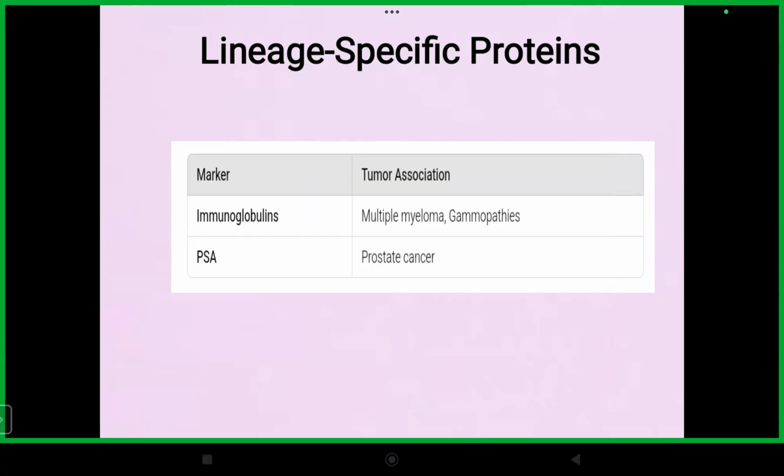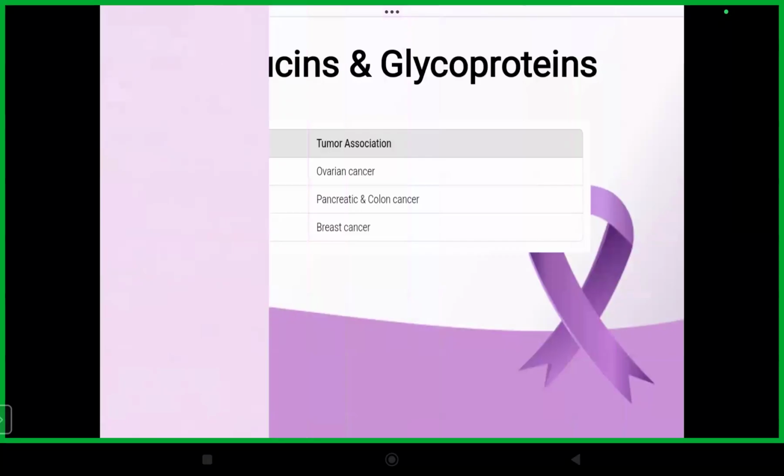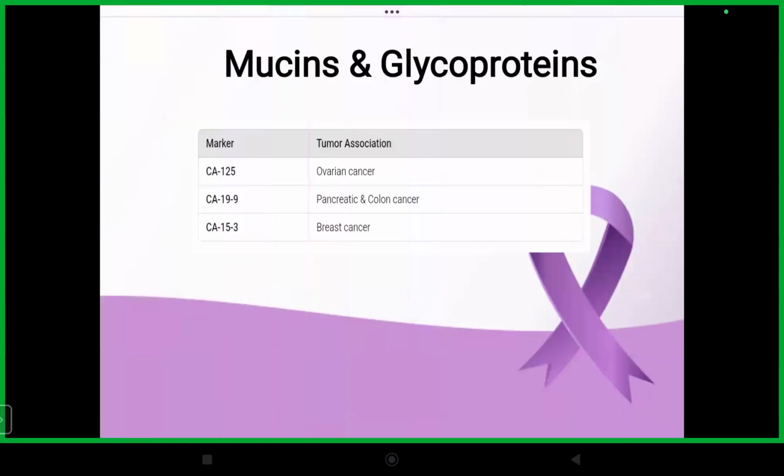These are lineage-specific proteins and they help in identification or the diagnosis as well as in monitoring the treatment response. So PSA, as I said, is elevated in prostatic cancer and it's also elevated in non-cancerous conditions like BPH and prostatitis.